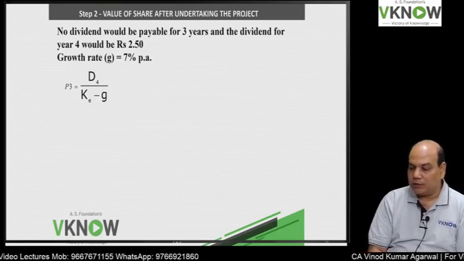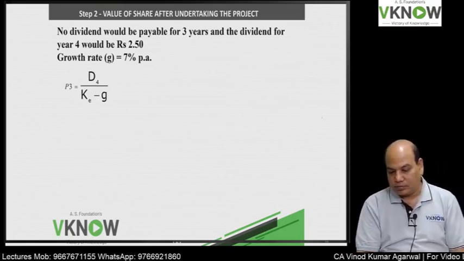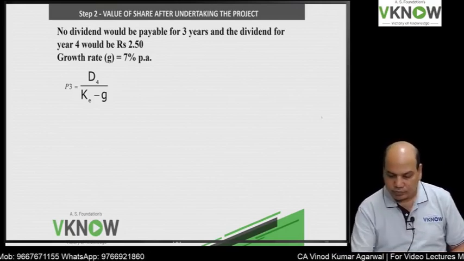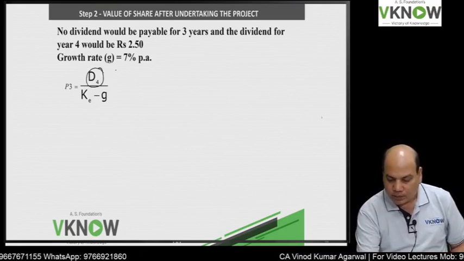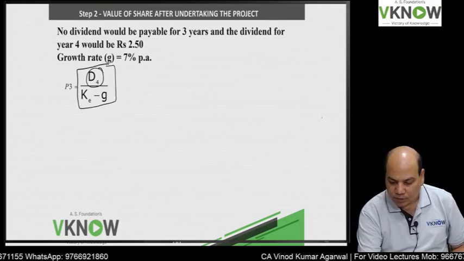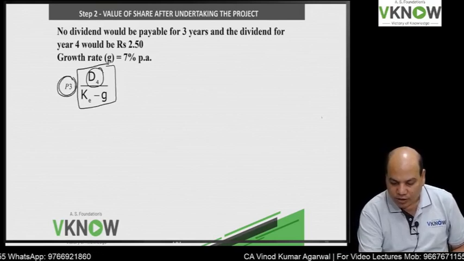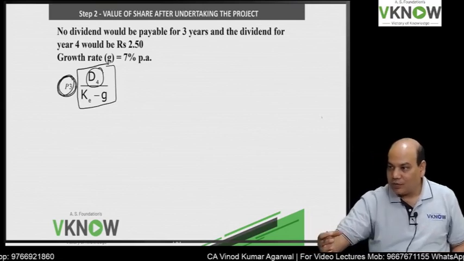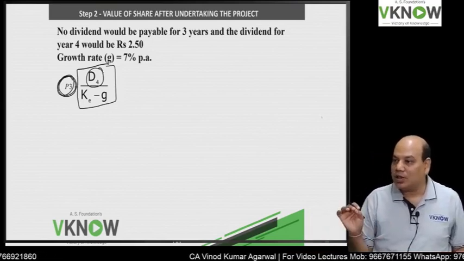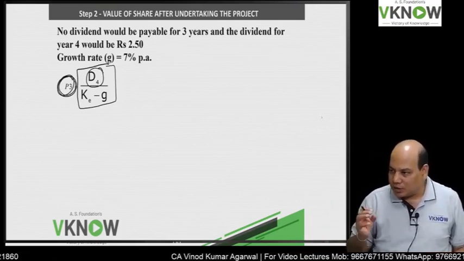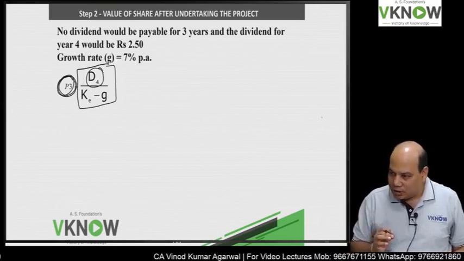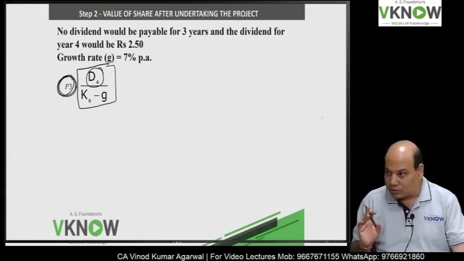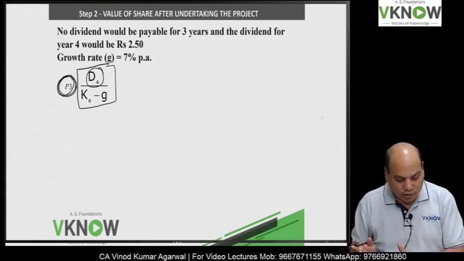So we are given D4 and the revised growth rate. If D4 is given, then by applying this perpetuity formula, you will first get the price at the end of year 3, and that will again be discounted by the third year factor to get the price at the beginning of year 1, or today, P0, like we have done in question number 1. So directly you will not get the answer.